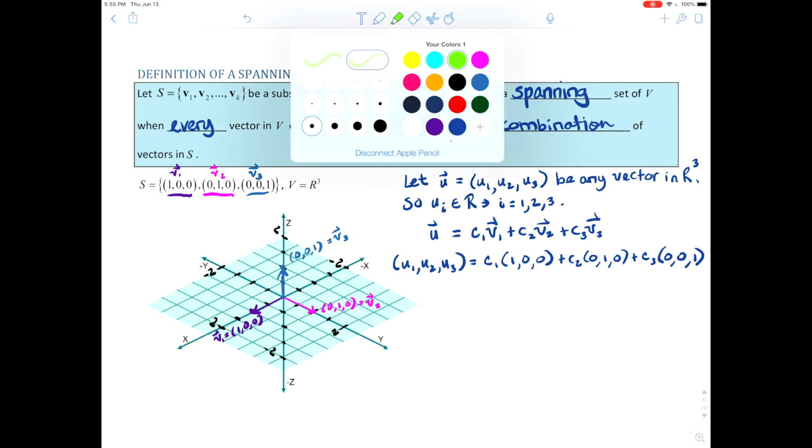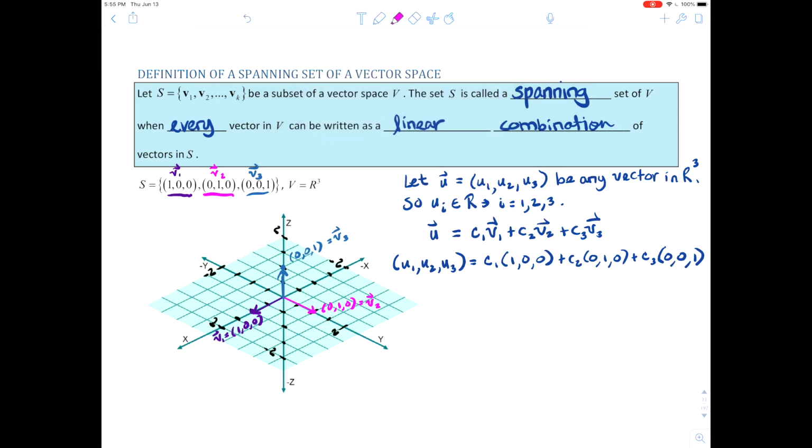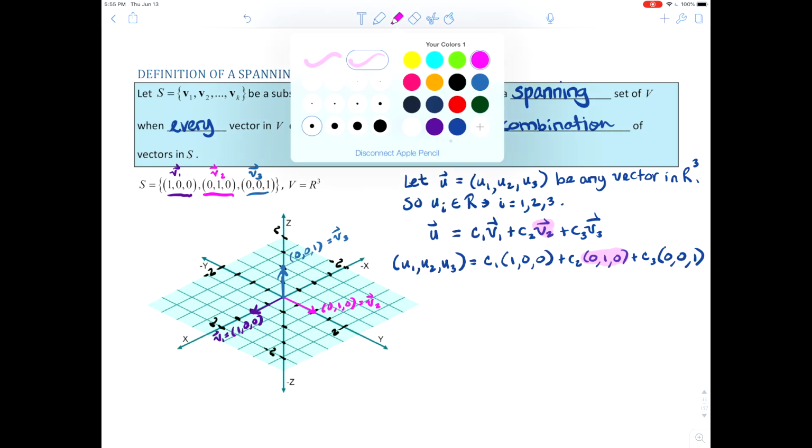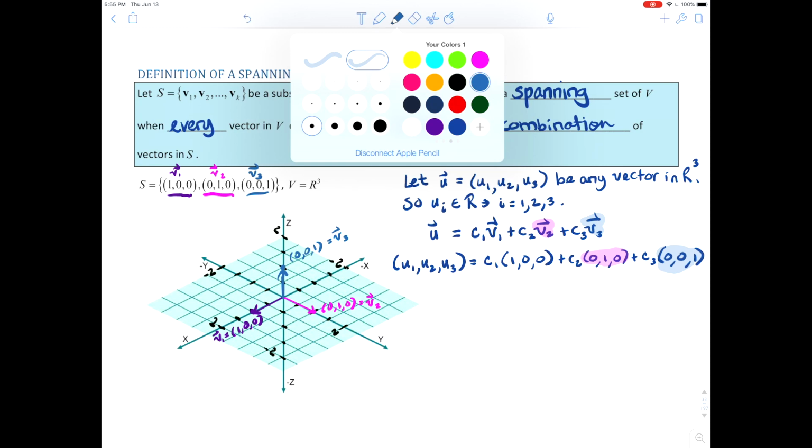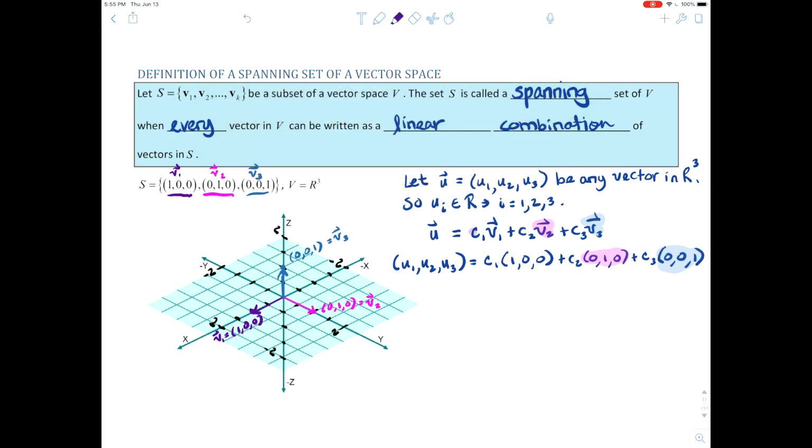All right, so if we were to highlight corresponding vectors, this one here would be our V2, our V3 is the 0, 0, 1, and then our V1 is 1, 0, 0.